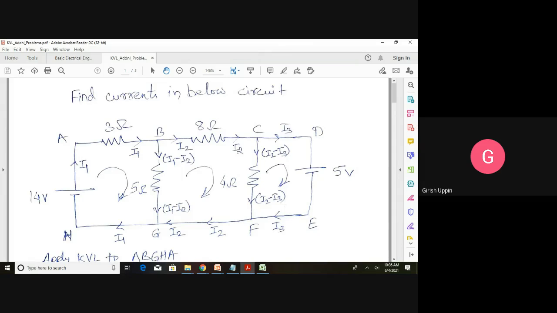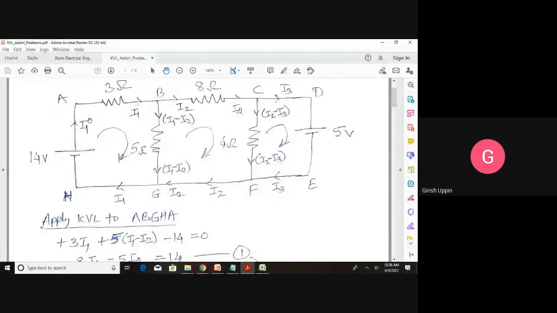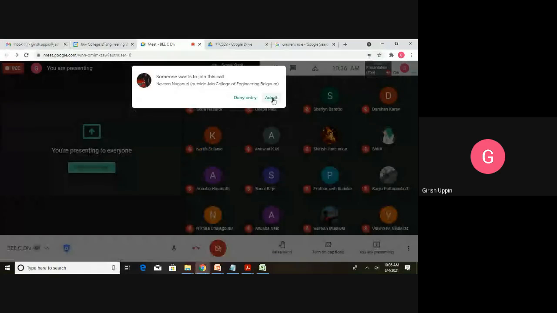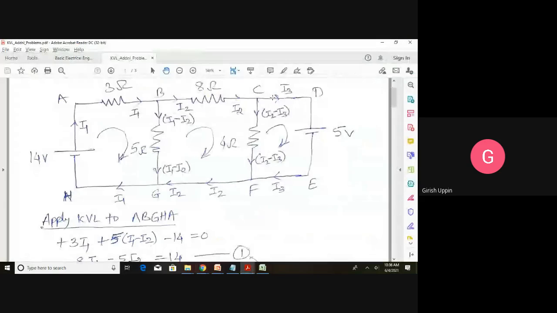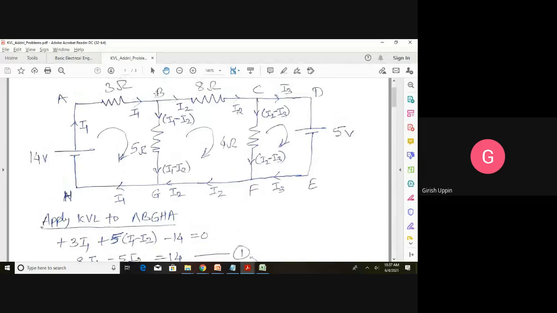Then we are going to apply the KVL to this loop, that is A, B, G, H, A. If I apply KVL to this particular loop, the equation I get is: you start from the node A. This is the direction of the current, and also the direction of the tracing.